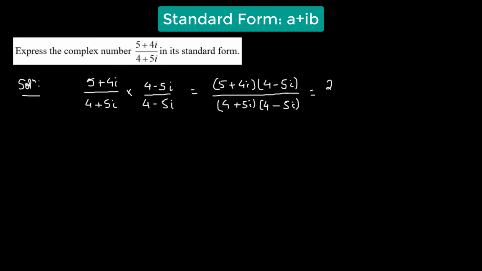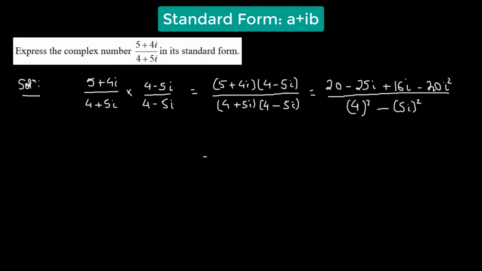We have 5 times 4 is 20, minus 5 times 5i gives us 25i, plus 4i times 4 is 16i, minus 4i times 5i gives us 20i squared, divided by, we use the identity, a squared minus b squared, which is equal to a minus b times a plus b in the denominator. That gives us 4 squared minus 5i squared.